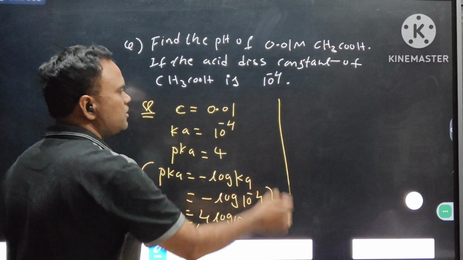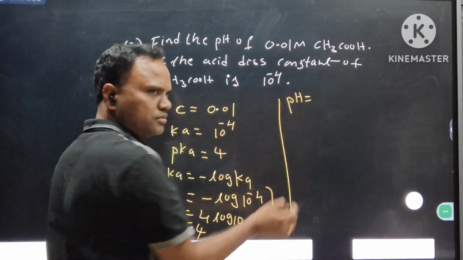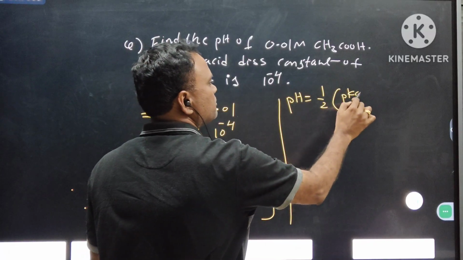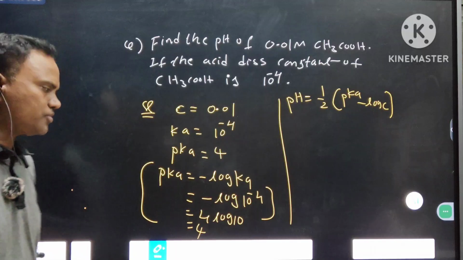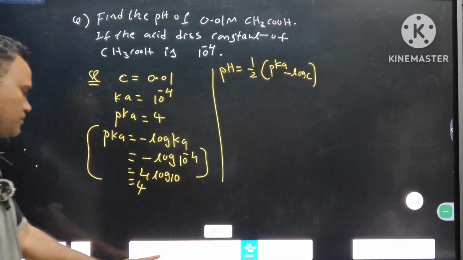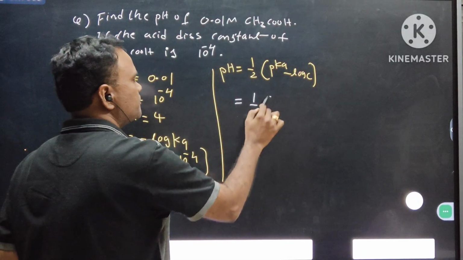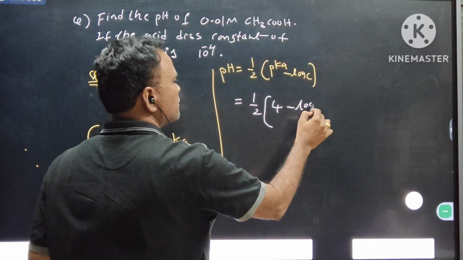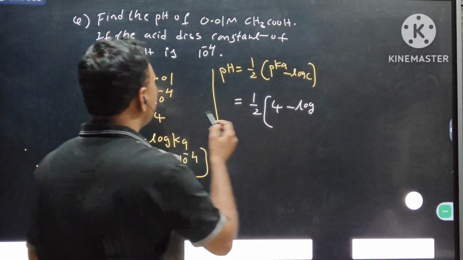Now what is the formula? pH is equal to half pKa minus log C. Direct formula substitution. 1 by 2 into pKa value 4, minus log concentration 0.01.